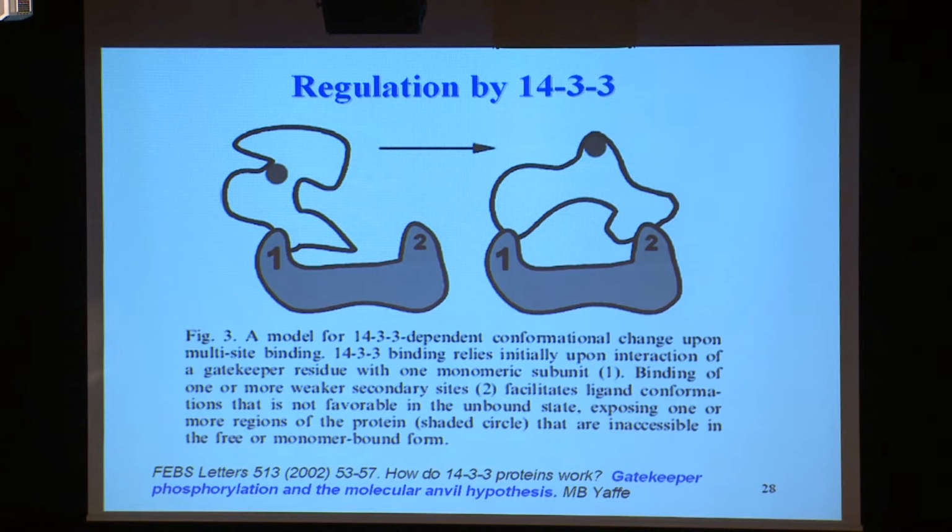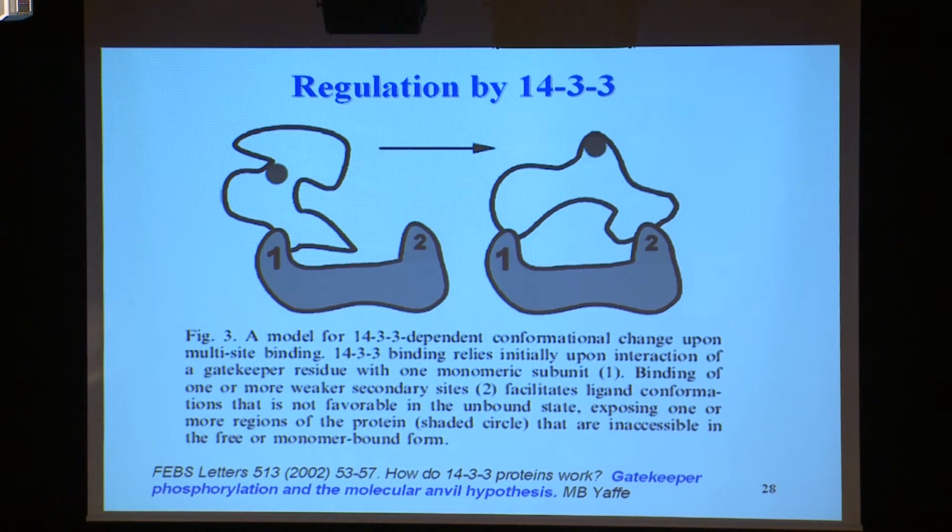He calls this the gatekeeper hypothesis. So you could readily remove the phosphate from this site because it's more weakly binding, not so strong, and the protein still binds here, and then have more flexibility about the regulation of the interaction.